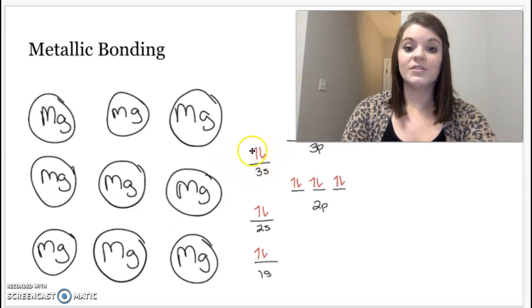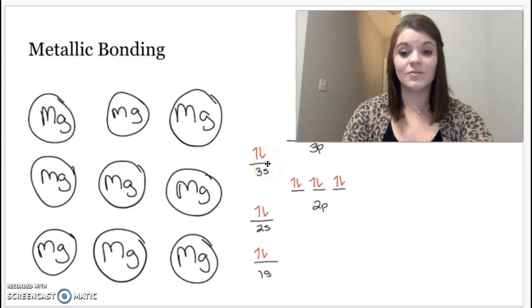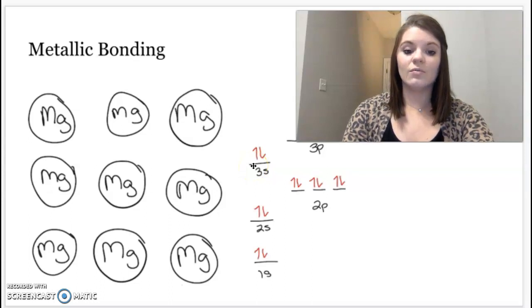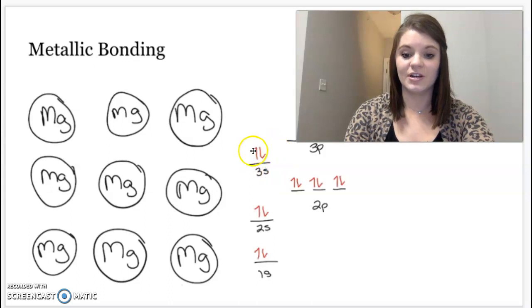Okay, so these electrons are not held very closely to the atom due to their spacing away from the nucleus. Okay, so this crystal lattice, every single one of these magnesium atoms, they are losing these outer 2 electrons.